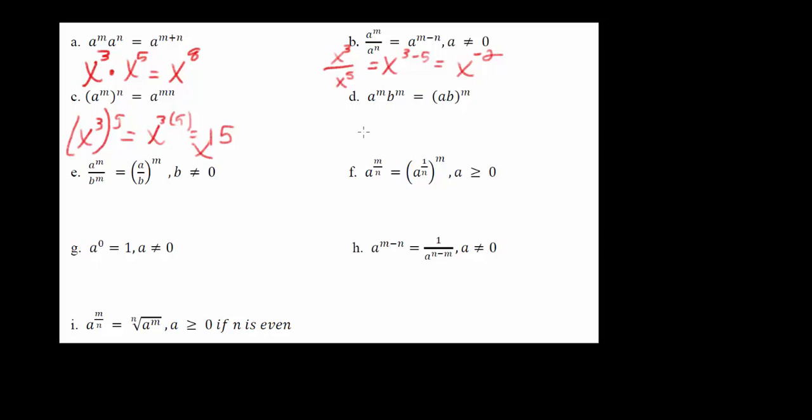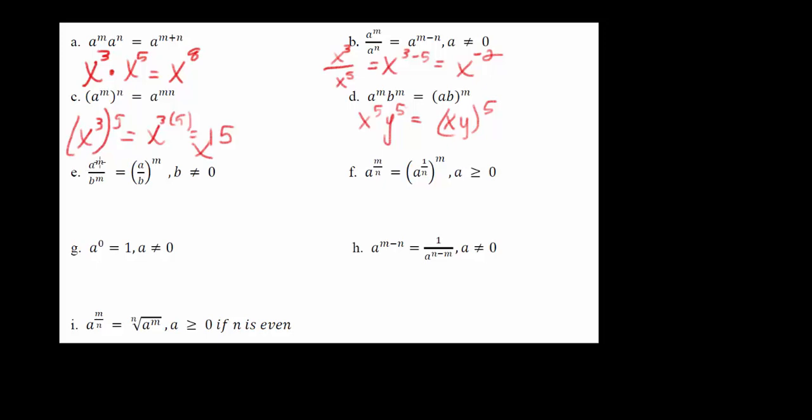Now, when you have a to the m power and a different base, maybe a base of b, to that same power of m, you can say that that is ab to the m power. So that'd be like having x to the fifth times y to the fifth, and saying that that is xy to the fifth.